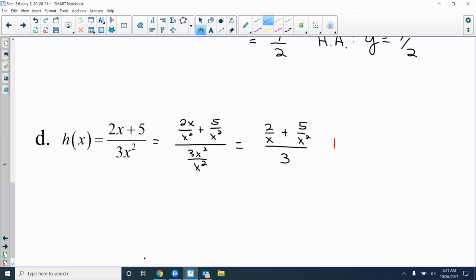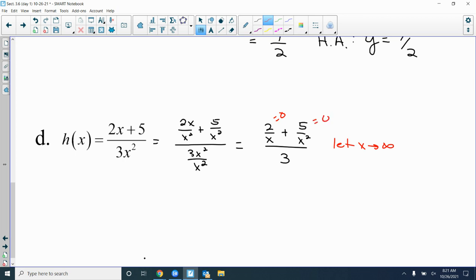Okay? Let x go to infinity. Let x get very big. 2 over a very big number is basically what? 0. 5 over a very big number squared. Well, if you square, it just makes it even bigger. So that's actually going to go where as well? It's going to go to 0.